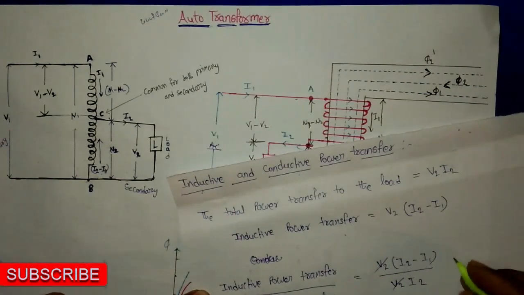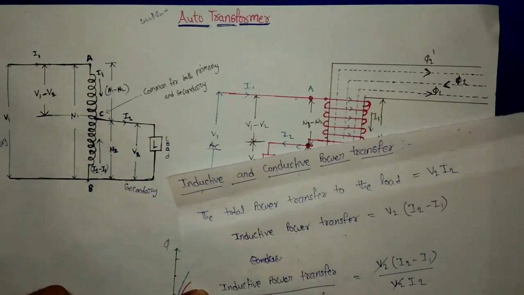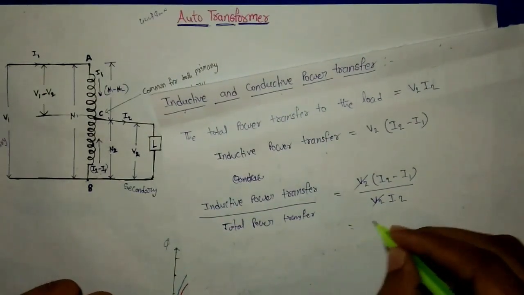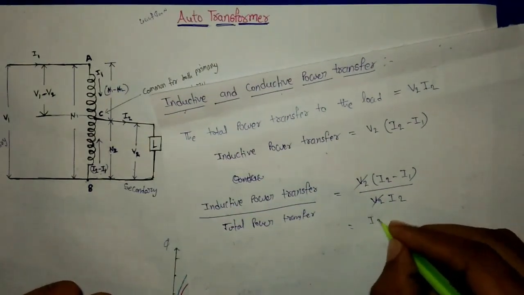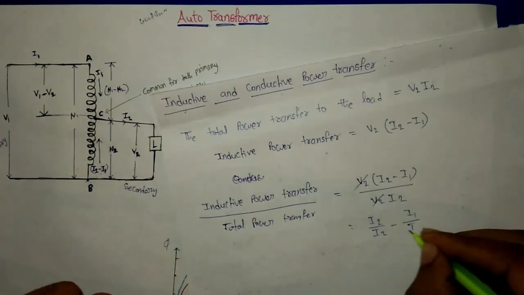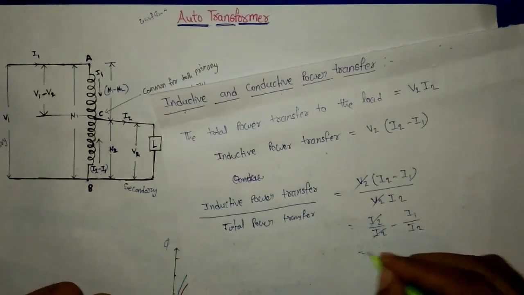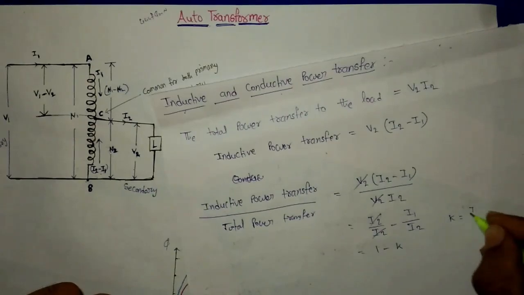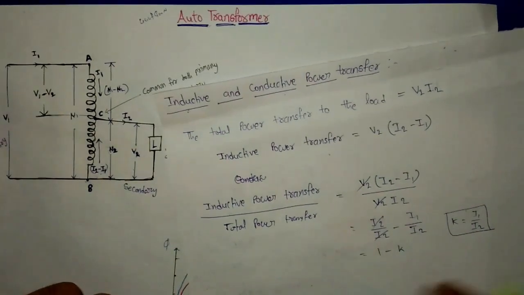V2 gets cancelled. Then we get I2 by I2 minus I1 by I2. Then 1 minus K. Here K equals I1 by I2, the transformation ratio.